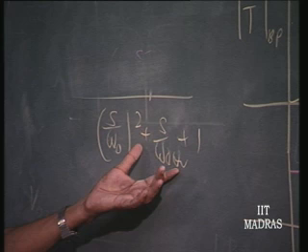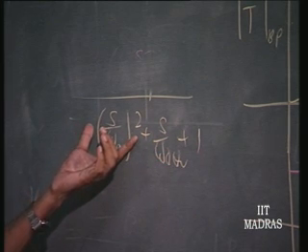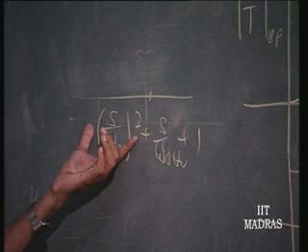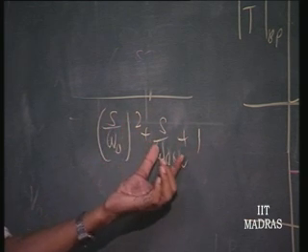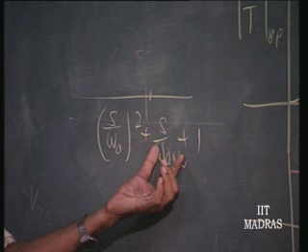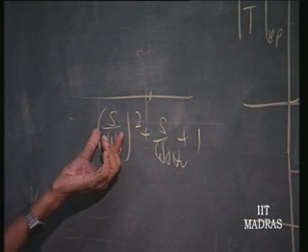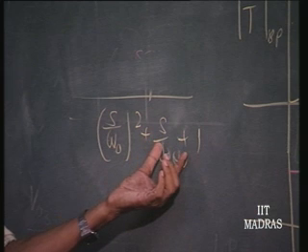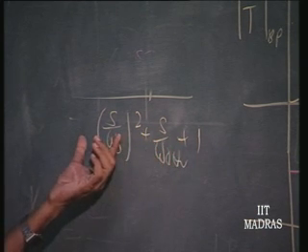Afterwards, as omega comes close to omega naught, this quantity vanishes, and it becomes exactly equal to 90 degrees. As omega goes very high, you can see that the phase shift becomes, this becomes negligible, this negative quantity becomes dominant.